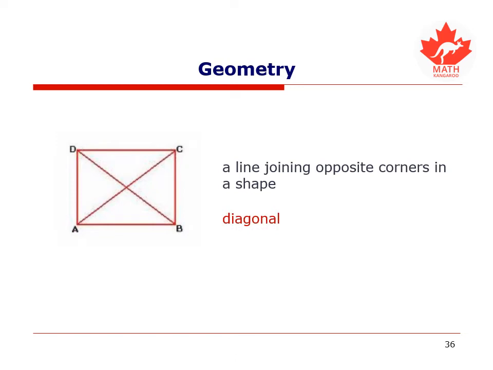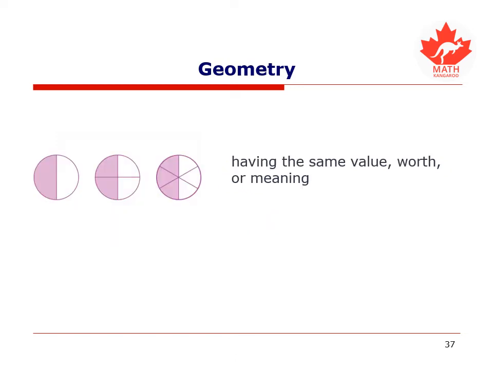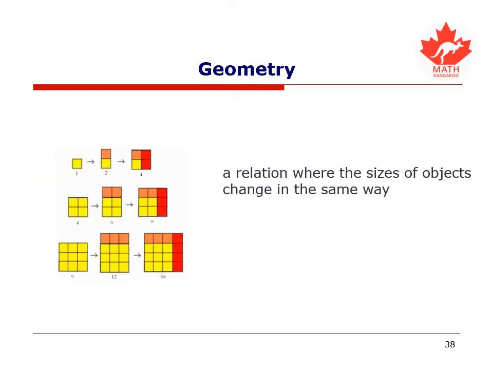Diagonal. Having the same value, worth, or meaning. Equivalent. A relation where the size of objects change in the same way. Proportion.